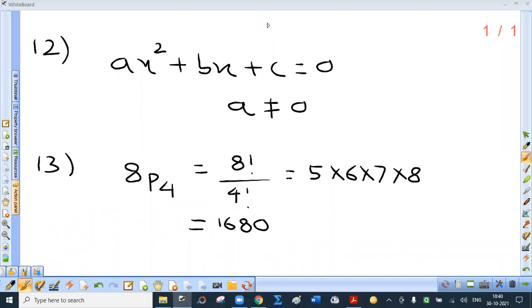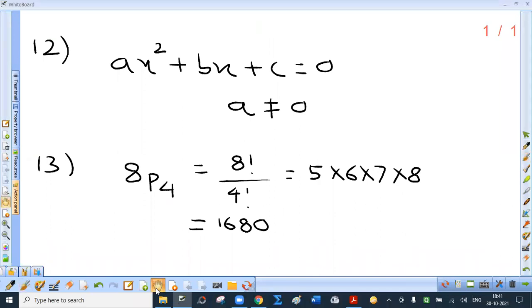from 10 minus 2 equal to 8 digits in 8P4.